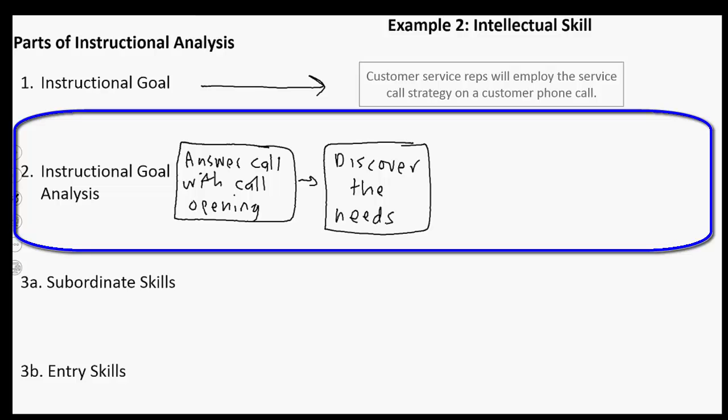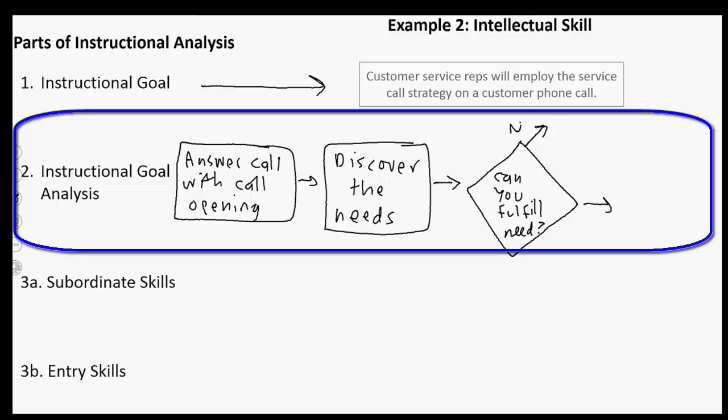So after they figure out what the needs of the customer are, the next step then is they have got to make a decision. So they need to discover whether or not they can fulfill the need of the customer. So I'm going to say, can you fulfill the need? That's our yes or no decision here.